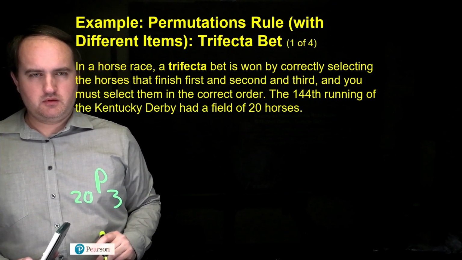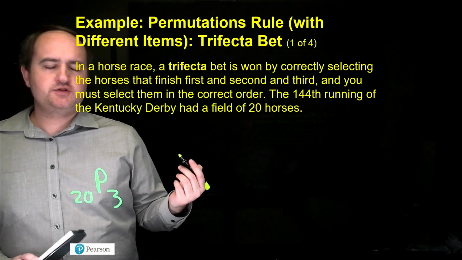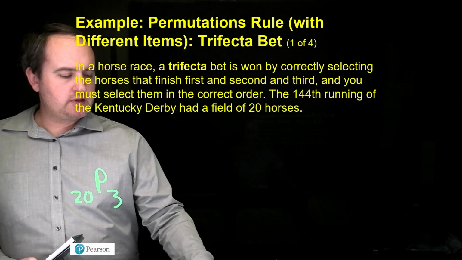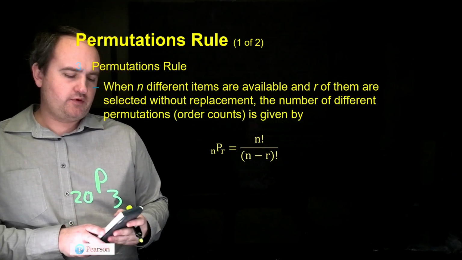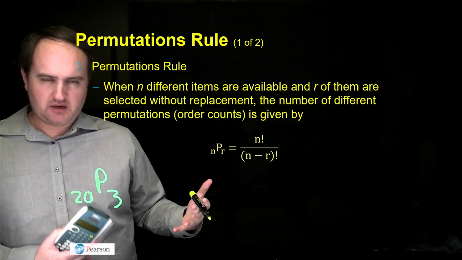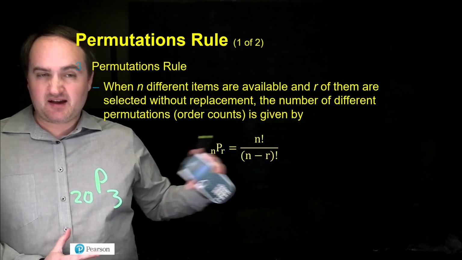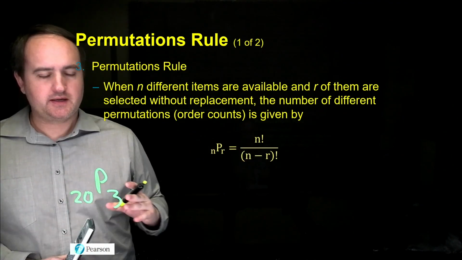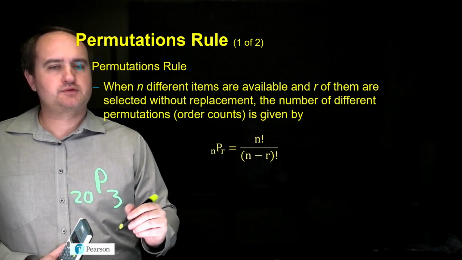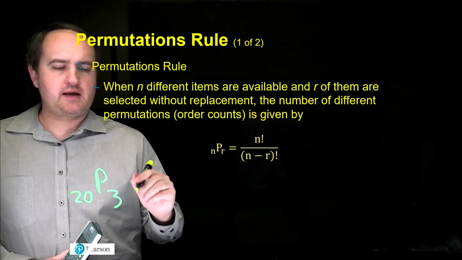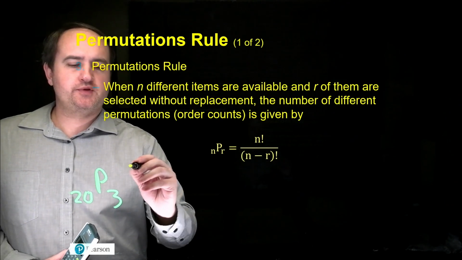You can either do this using the formula, or if your calculator has that button, it will calculate it for you, which could be nice if you don't want to use the formula with the factorials. Either way is fine, but I'm going to show you how to use the formula just in case.